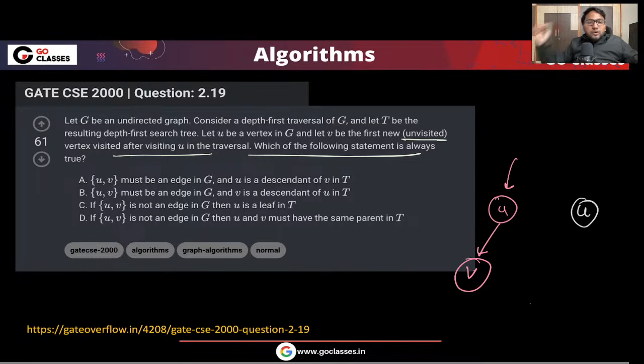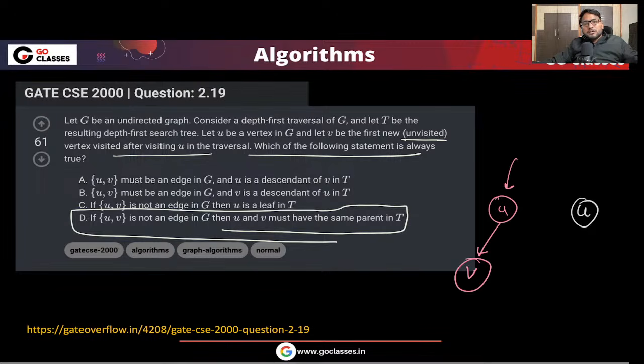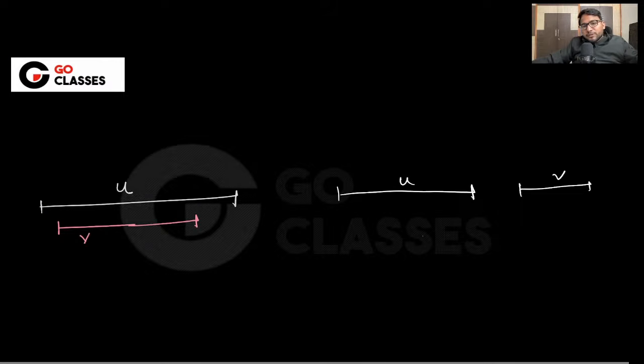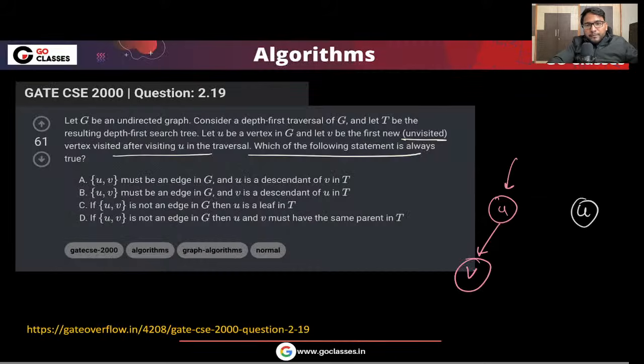If it is not the edge, then UV must have the same parent in T, under the same umbrella. There is only one tree T, the resulting depth first tree. There is no forest.